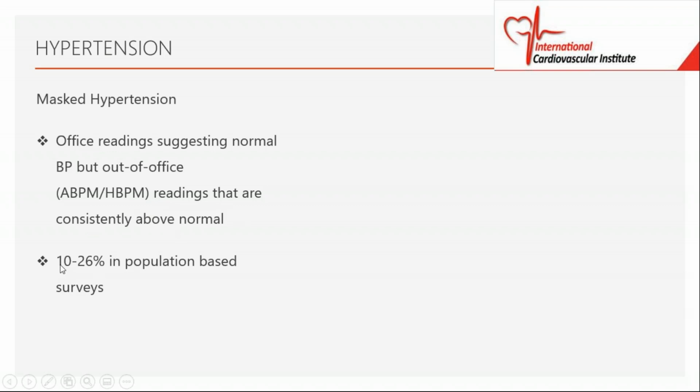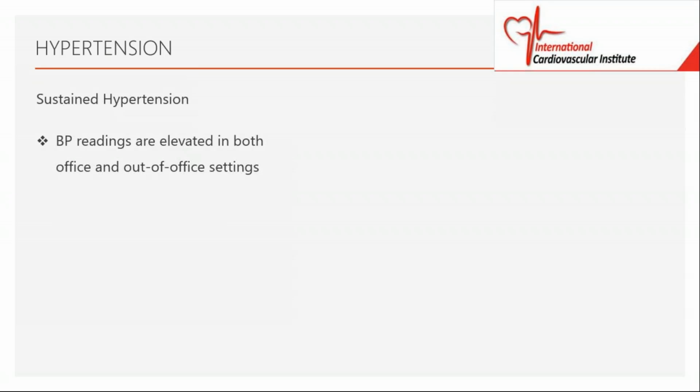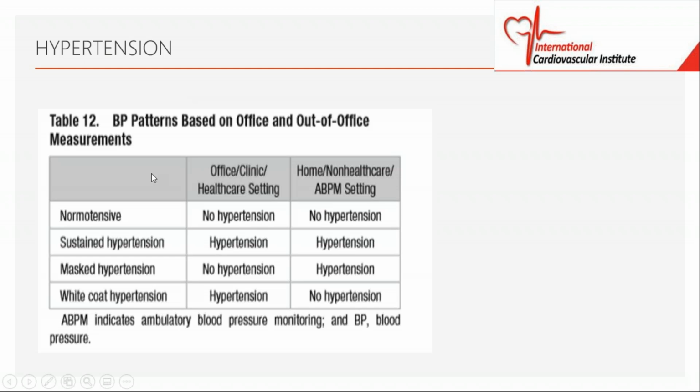It is said that about 10 to 26% of patients in the population may have this masked hypertension. So what's going to drive you is that the office pressure is good, but they still have target organ damage. And then we have sustained hypertension, where the blood pressure recordings are elevated in the office and out of the office settings.